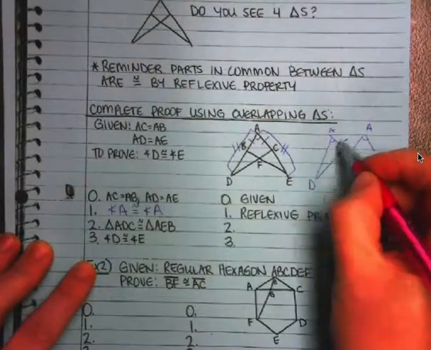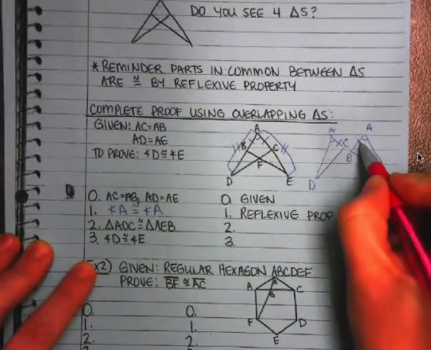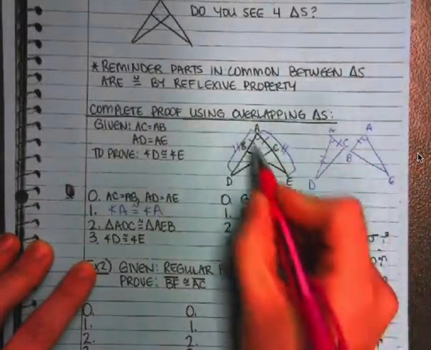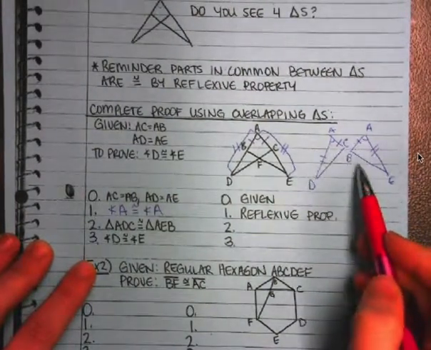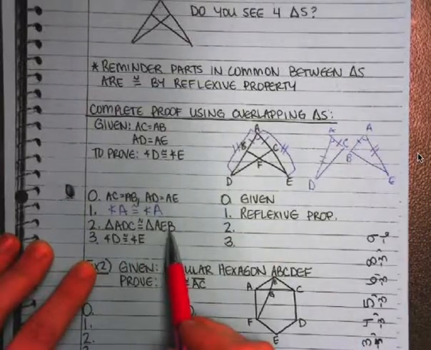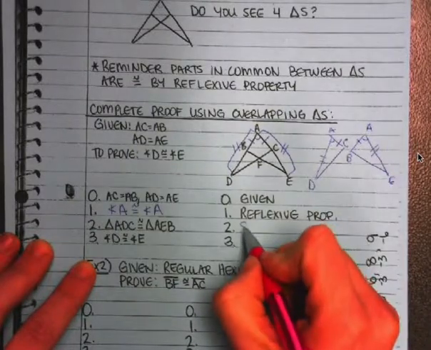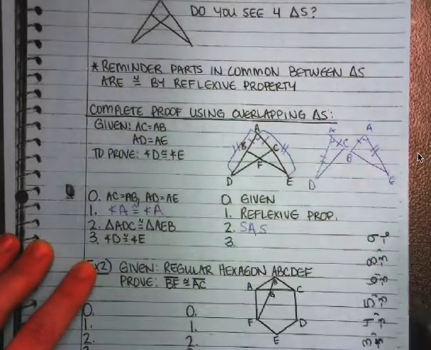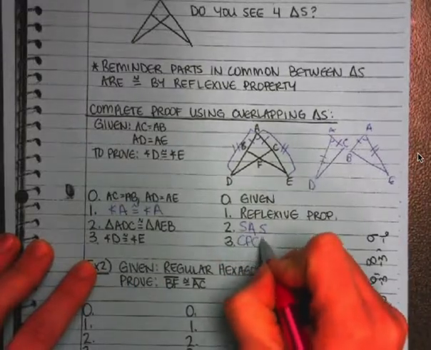AC and BA and AD and AE. Drawing them separate, as you see, makes it a little more obvious, perhaps, as far as how my triangles are proved congruent. I see side, angle, side. And now angle D is congruent to angle E. We know that is CPCTC.